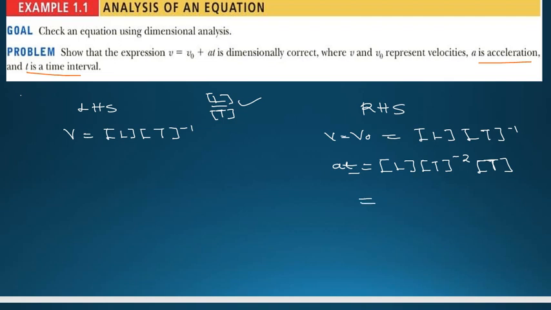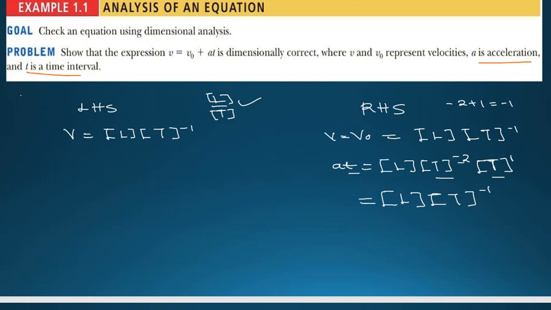T times t, we are going to have just a single t there. This is how you simplify. We're going to have t raised to the power, we have negative 2, and we have a silent one. So I'm going to add negative 2 plus 1. It is actually negative 1 here. So we're going to have negative 1.